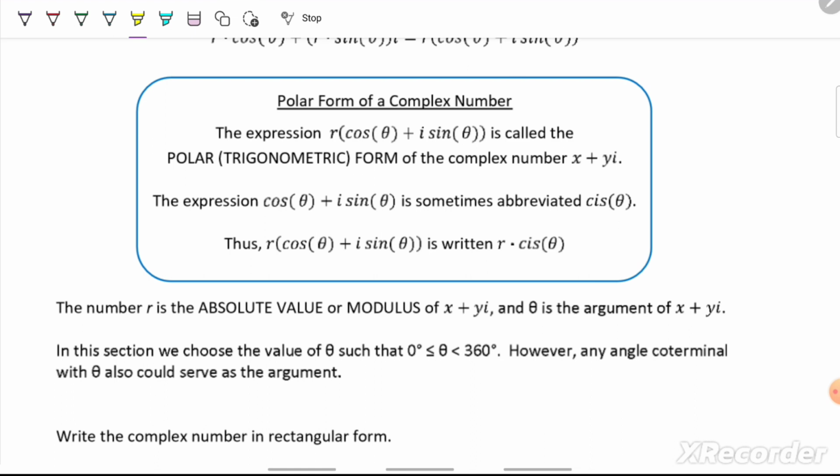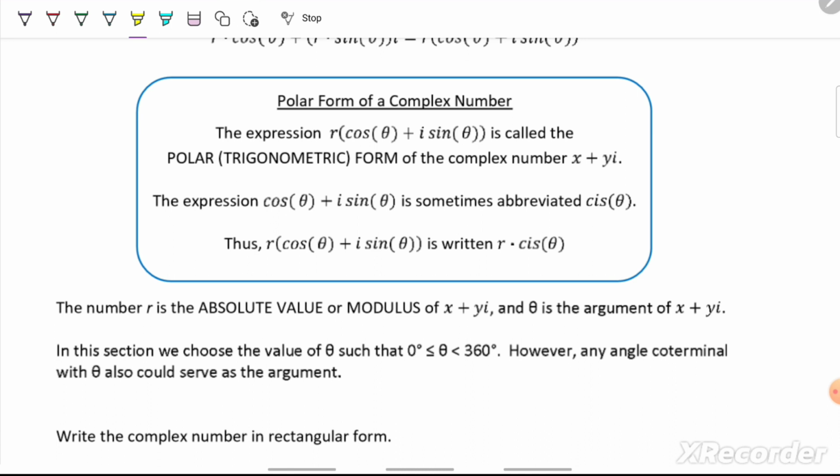Now, the expression cosine of theta plus i sine of theta is a lot to write. So mathematicians, we like to abbreviate. Sometimes you'll see it abbreviated CIS of theta. Thus, r times the quantity cosine of theta plus i sine of theta is written r times CIS of theta.